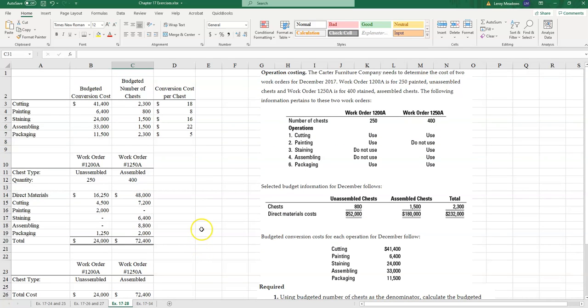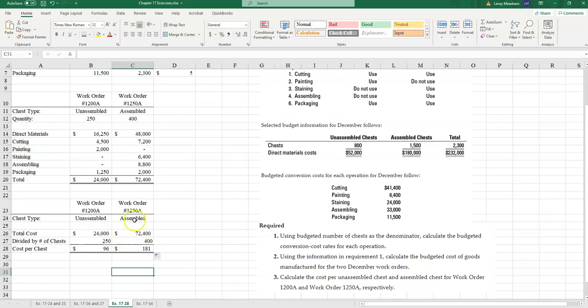A little more complex. We have to really focus on what products go through what operations. Not all products will go through all operations, so we can only allocate conversion costs to those products that go through that operation. And then we can also compute the cost per unit the same way as we would any other product.